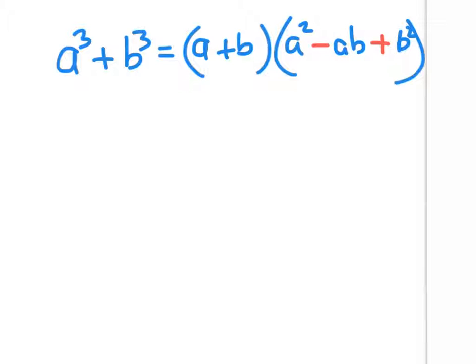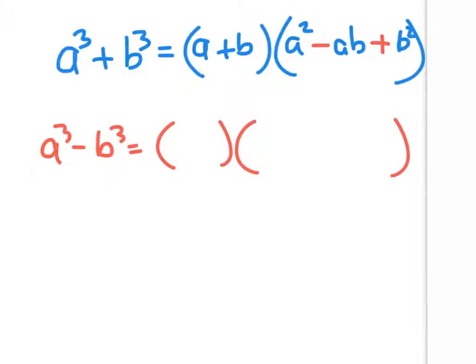So with that same rationale, if you had the difference of two cubes formula, a cubed minus b cubed, you'd have a binomial times a trinomial, and the binomial will be exactly what you see here without the exponents. So that will be a minus b, and over here again you have a squared, again you have ab, and again you have b squared.